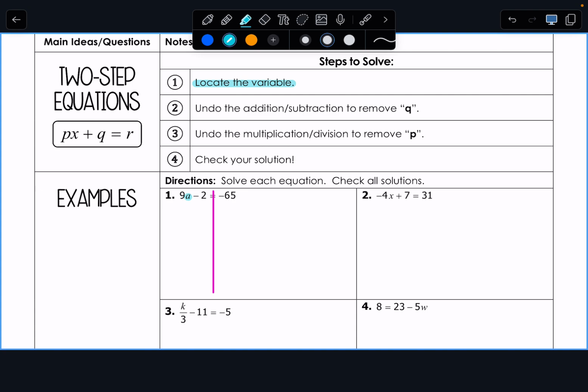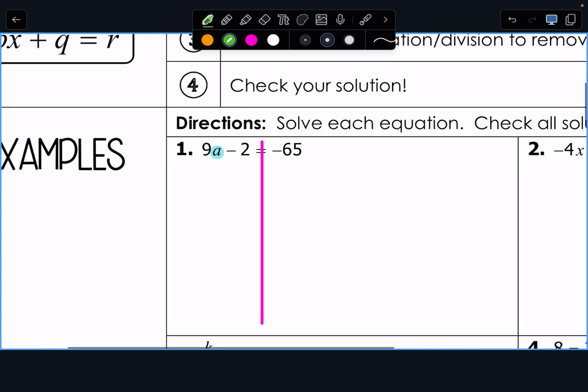Now, how is this 2 tied to our 9A? Marius, how is 2 connected to A? Subtraction. So we first need to undo subtraction. In order to undo our subtraction, we are going to add 2 to both sides.